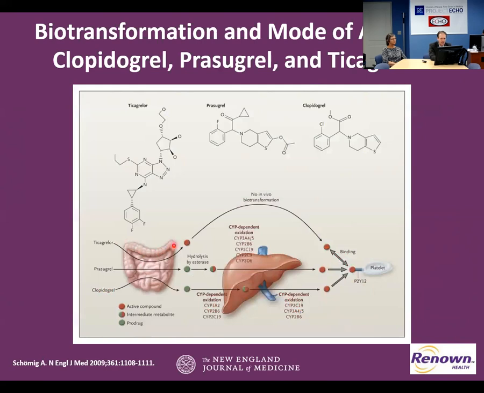Ticagrelor is unique in that there's no biotransformation via the cytochrome P450 system in order to create that active drug to inhibit the P2Y12 receptor. But both Effient and Brilinta have mortality benefit over Plavix in acute coronary syndrome. So they're better medicines, they're more expensive medicines.